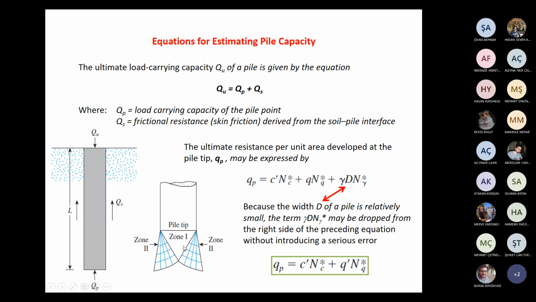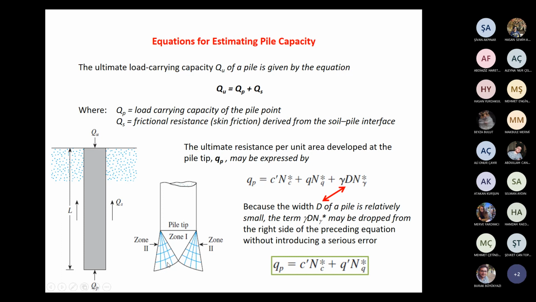This triangle moves down with the pile tip, and along these two sides soil starts to fail. Other failure surfaces are these two curves and the almost vertical zones. From these zones, stress is transferred to the soil mass.